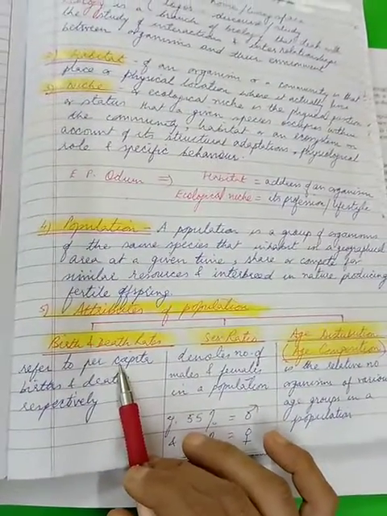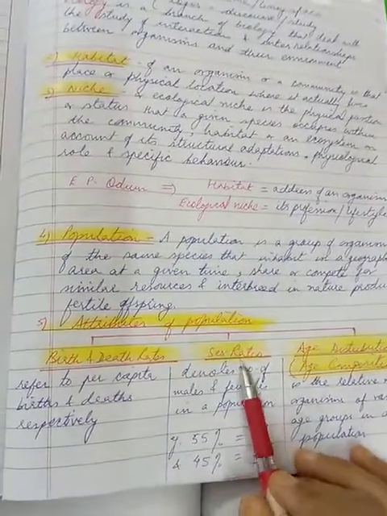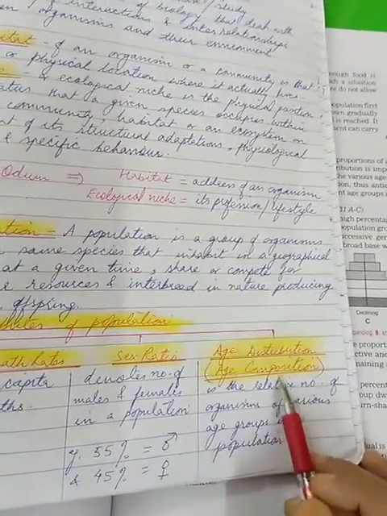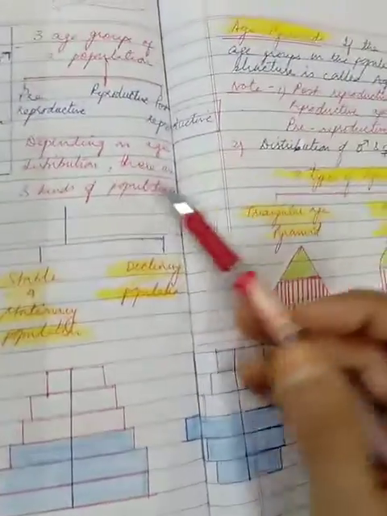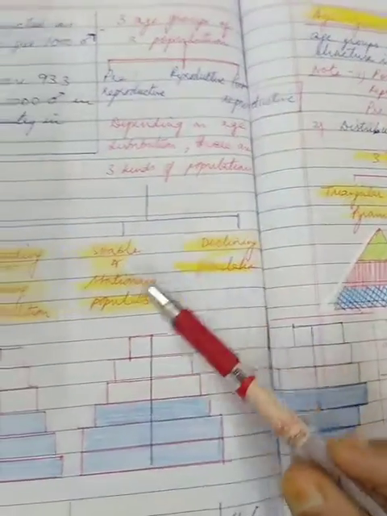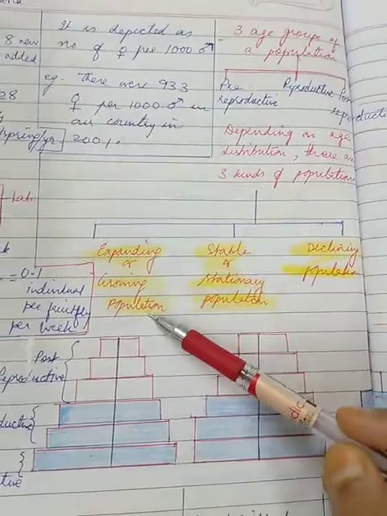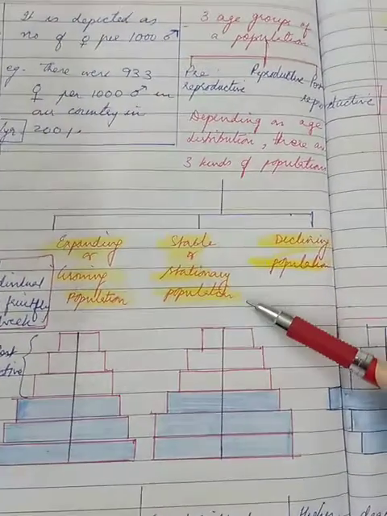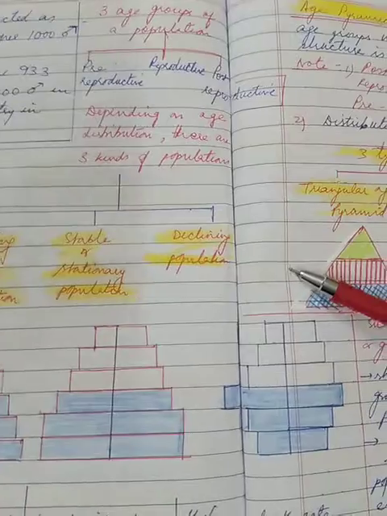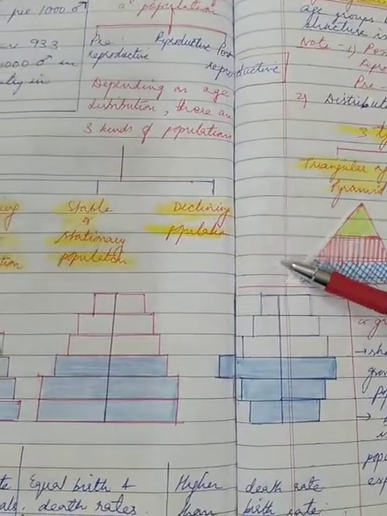We talked about three attributes: birth and death rate, sex ratio, and age distribution or age composition. We also studied three kinds of populations: the expanding or growing population, stable or stationary population, and declining population.